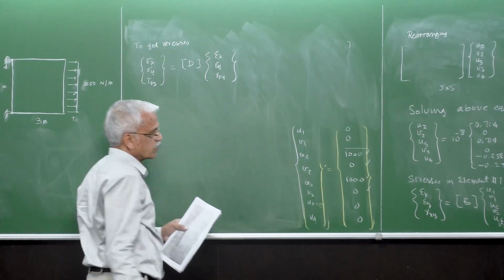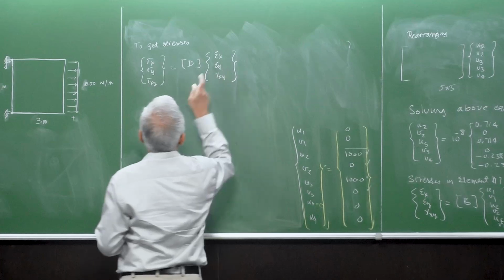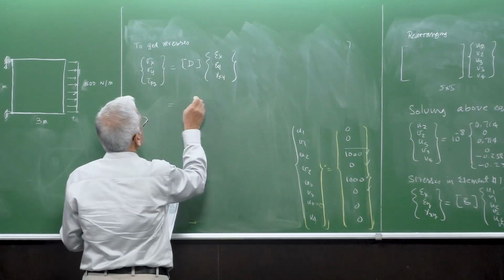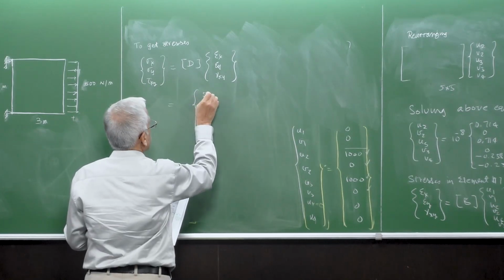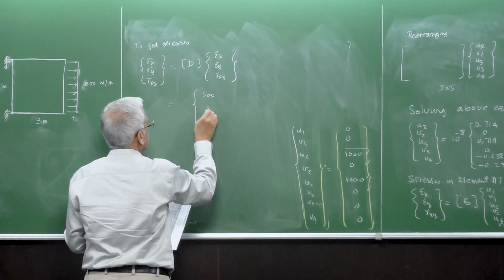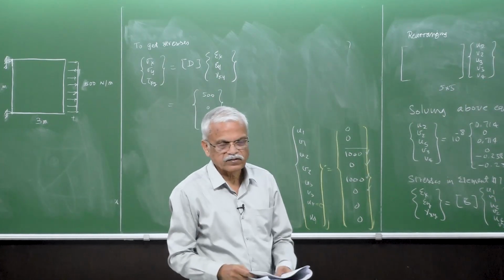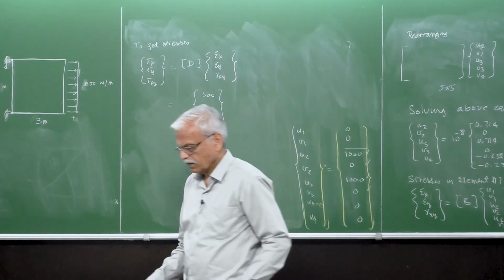After getting epsilon x, epsilon y, gamma x y here, you get that substituted here. I'll leave this calculation, and you get the stresses as 500, 0, 0. A little bit of calculation, so you do that. Okay.